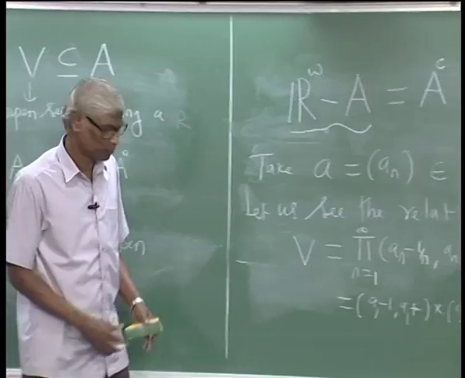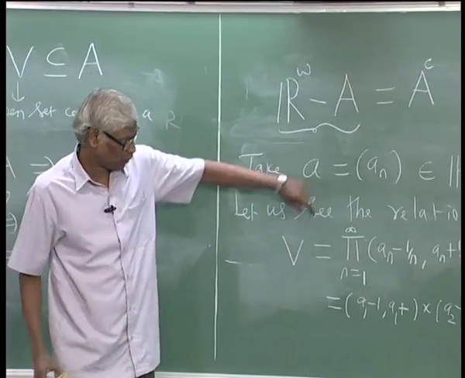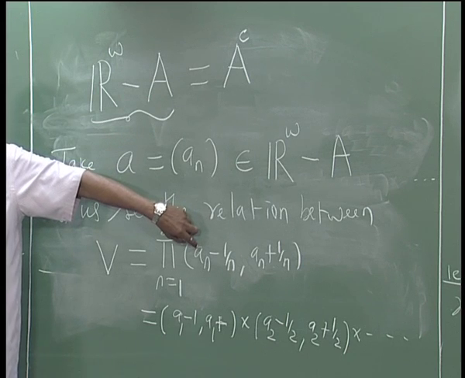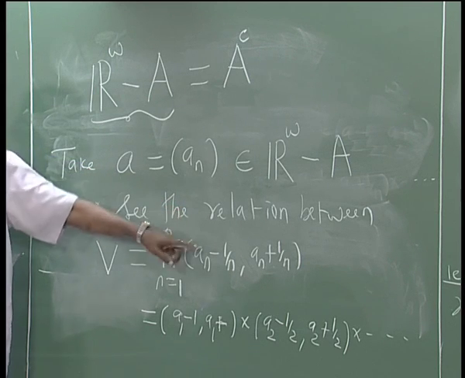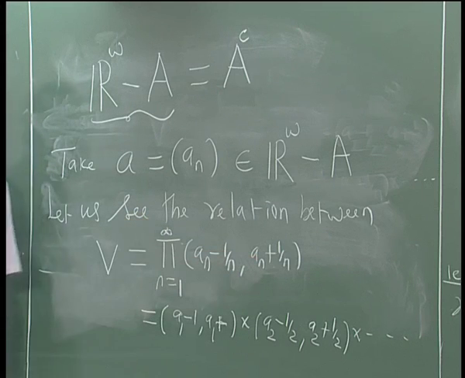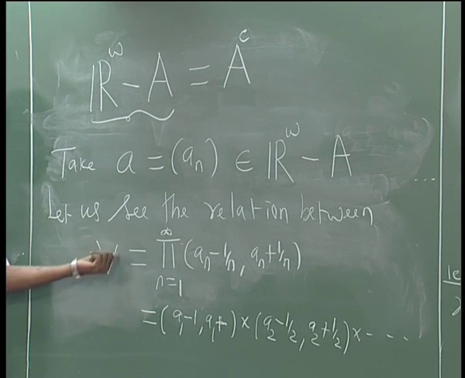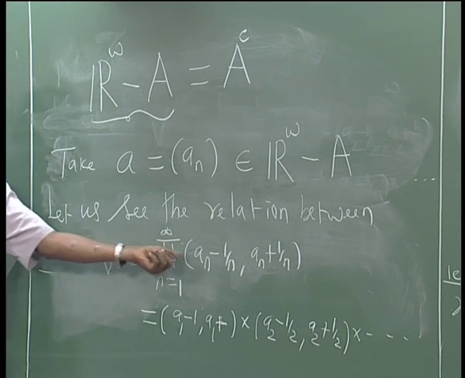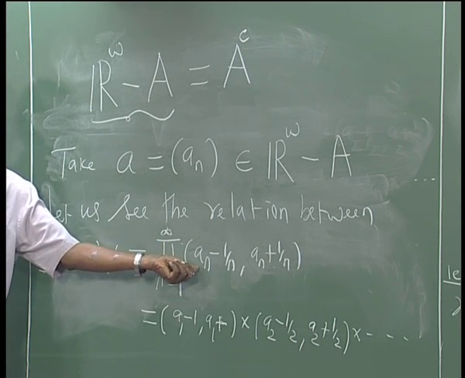So, the same notation. Now the only difference here is that this sequence a_n is not bounded, it is an unbounded sequence. So if we take an element x in V, after some stage x_n will come closer to a_n.